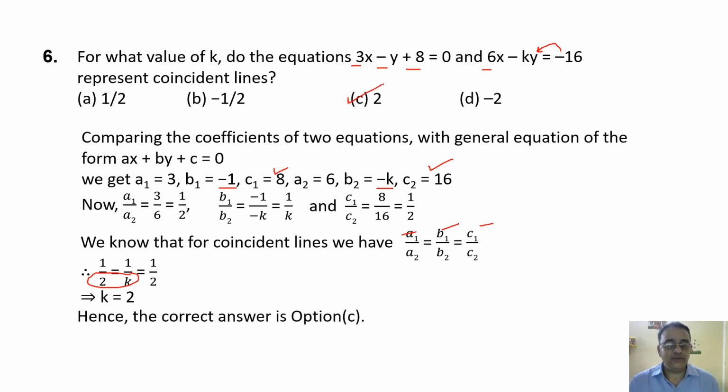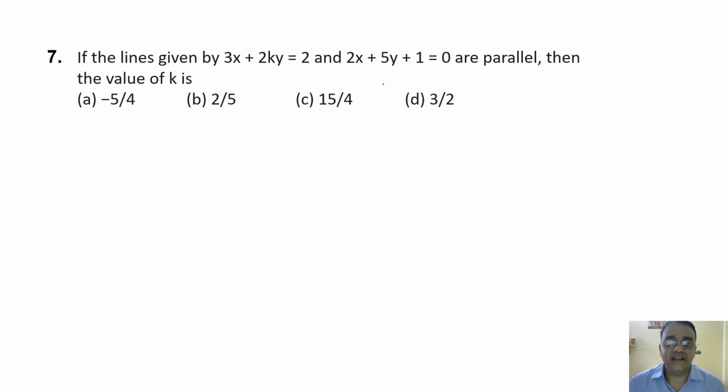Now we are moving toward question number 17. If the lines given by 3x plus 2ky is equal to 2 and 2x plus 5y plus 1 is equal to 0 are parallel, then the value of k is? What is the condition for parallel? Comparing the ratios, a1 upon a2 is equal to b1 upon b2 is not equal to c1 upon c2.